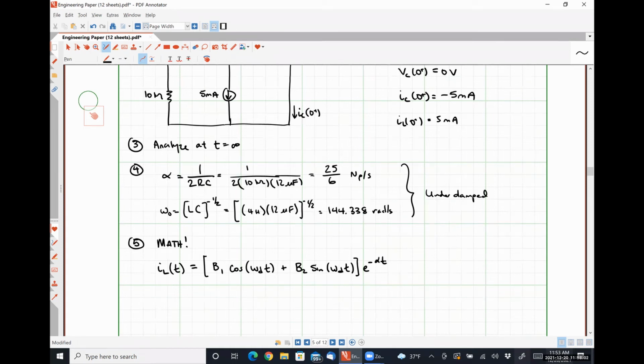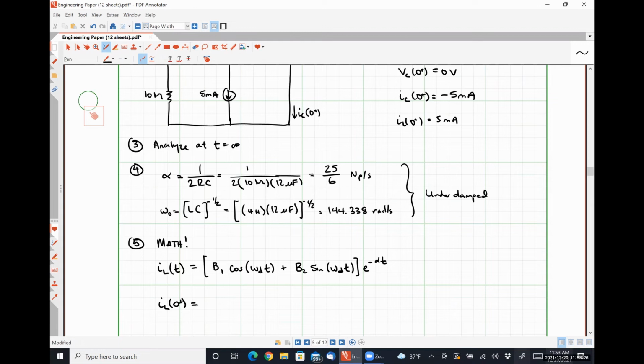So what does this equation simplify to at t is equal to 0? What happens to the exponential bit out here? E to the 0 is just 1.